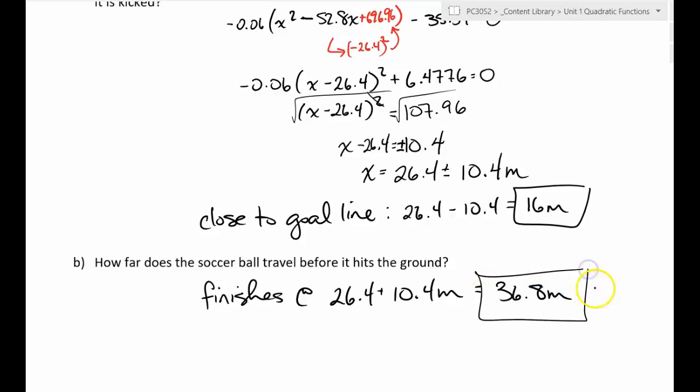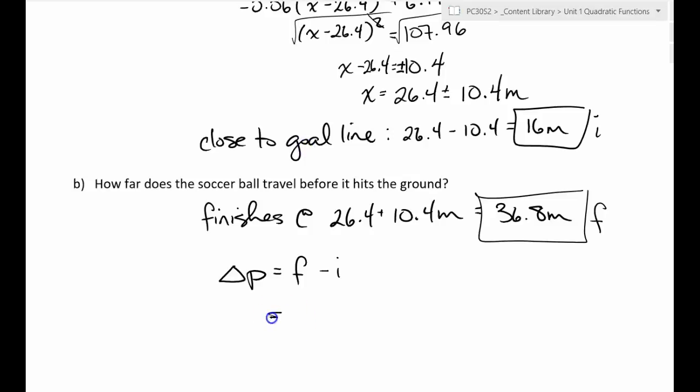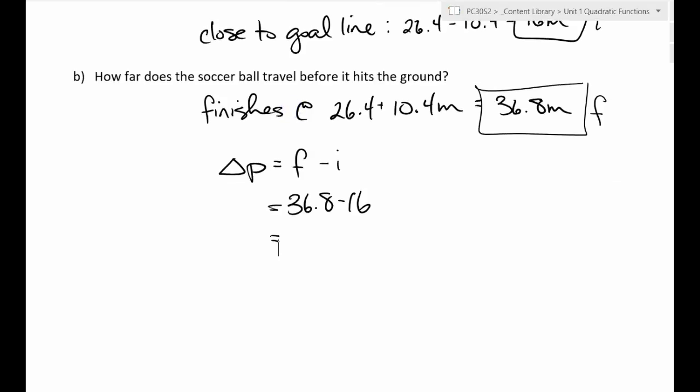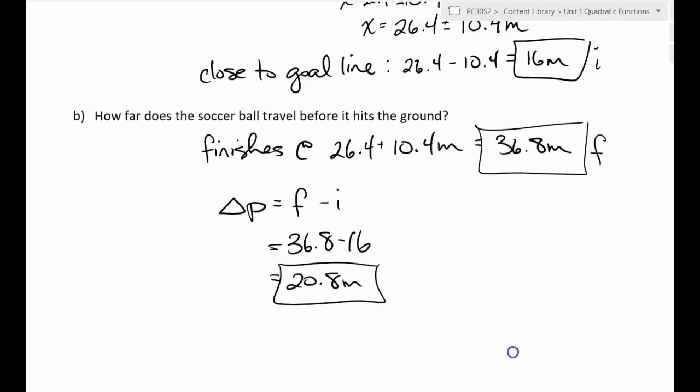If this is my final place and this is my initial place, then the change in its position is going to be the final minus the initial, or 36.8 minus 16, which will give me 20.8 meters. So that's how we can interpret these equations.